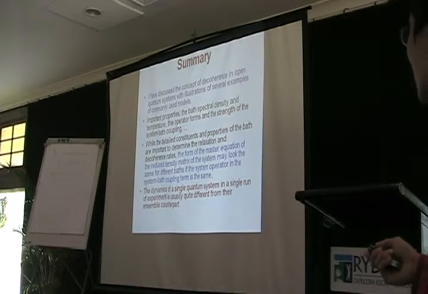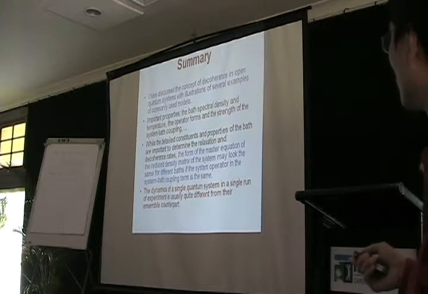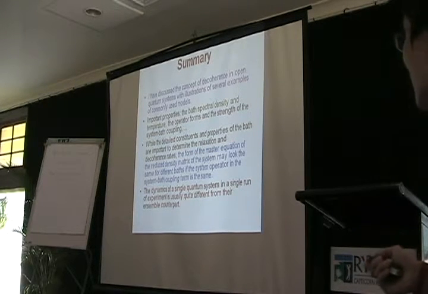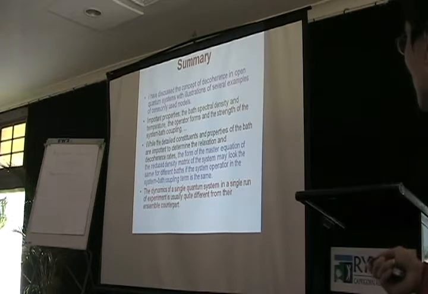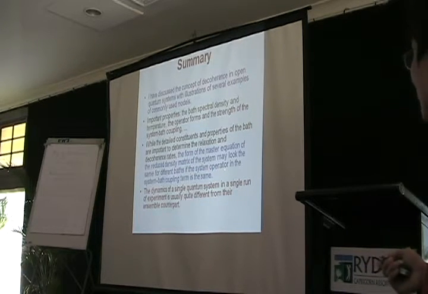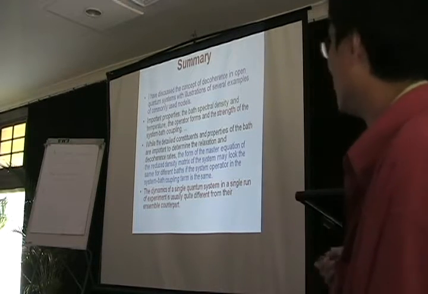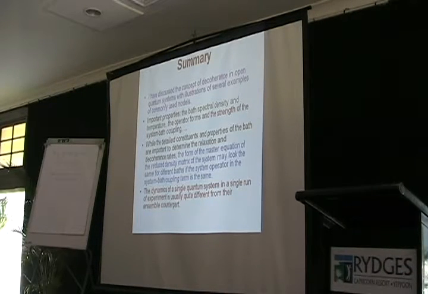While the detailed constituents or properties of the bath are important to determine the relaxation and decoherence rates, the form of the master equation of the reduced density matrix of the system may look the same for different baths. For example, for a bosonic bath or fermion bath, if the system operator in the system-bath coupling is the same. Also, the dynamics of a single quantum system in a single-run experiment is usually quite different from their ensemble counterpart. All right, thank you for your attention.